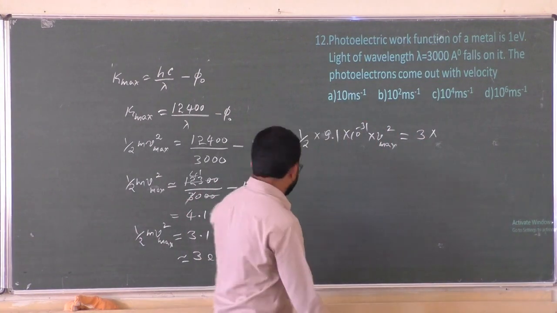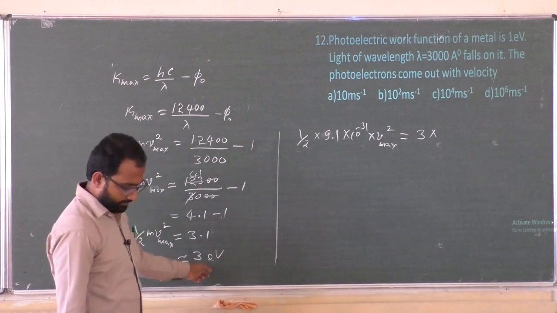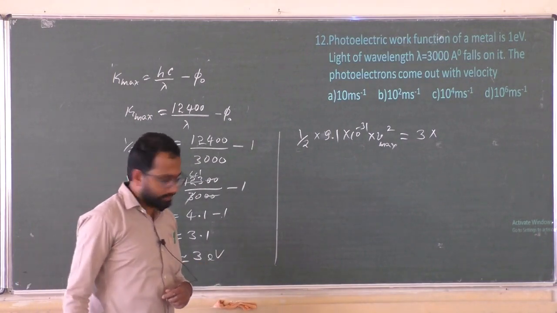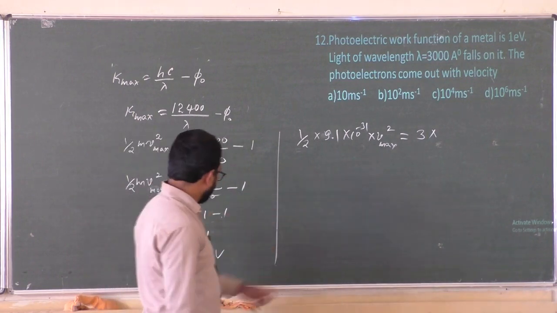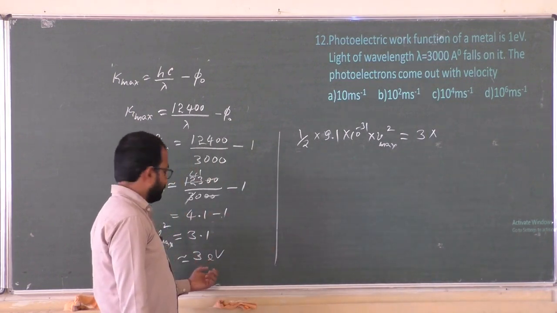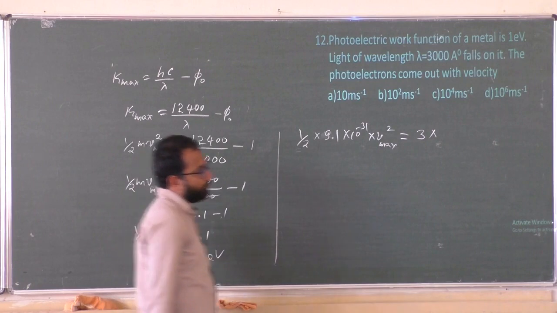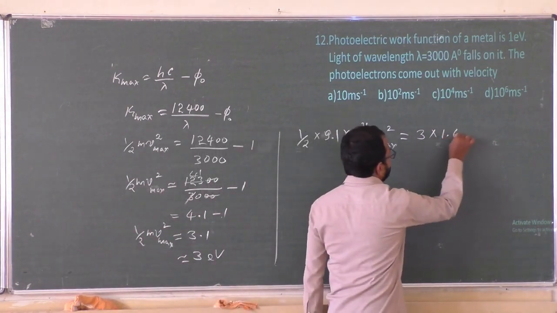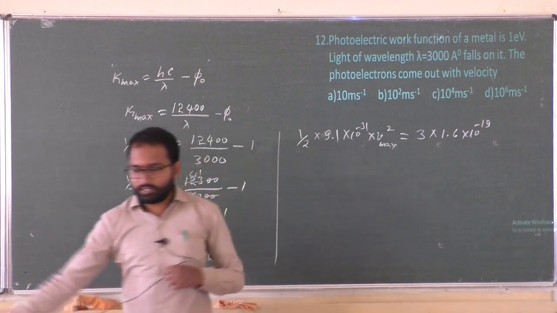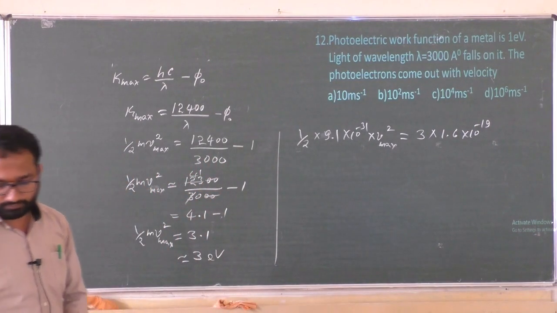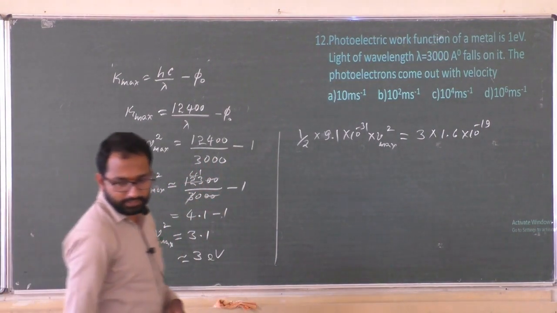So you have to express in terms of joules, SI unit is joules, so if you convert it in terms of joules, we have to multiply 3 by 1.6 into 10 to the power of minus 19, that is the charge of the electron, e.